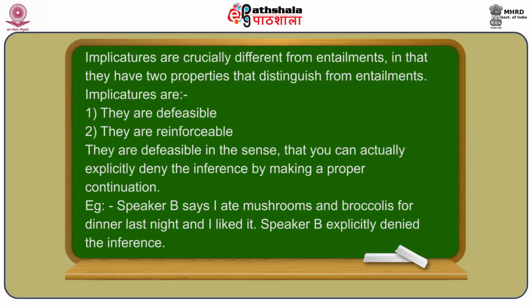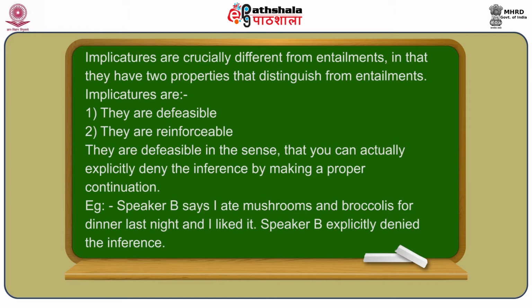What makes entailments different from implicatures? One of the things Grice pointed out was that implicatures are crucially different from entailments in that there are at least two properties that distinguish them from entailments. Number one, they are defeasible, and number two, they are reinforceable.